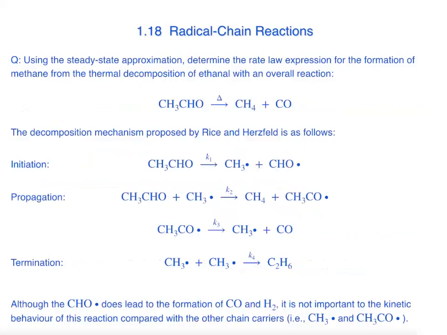So let's look at an example of a radical chain reaction mechanism. Here we have a question, and we're asked, using the steady state approximation, determine the rate law expression for the formation of methane from the thermal decomposition of ethanol with an overall reaction as shown.